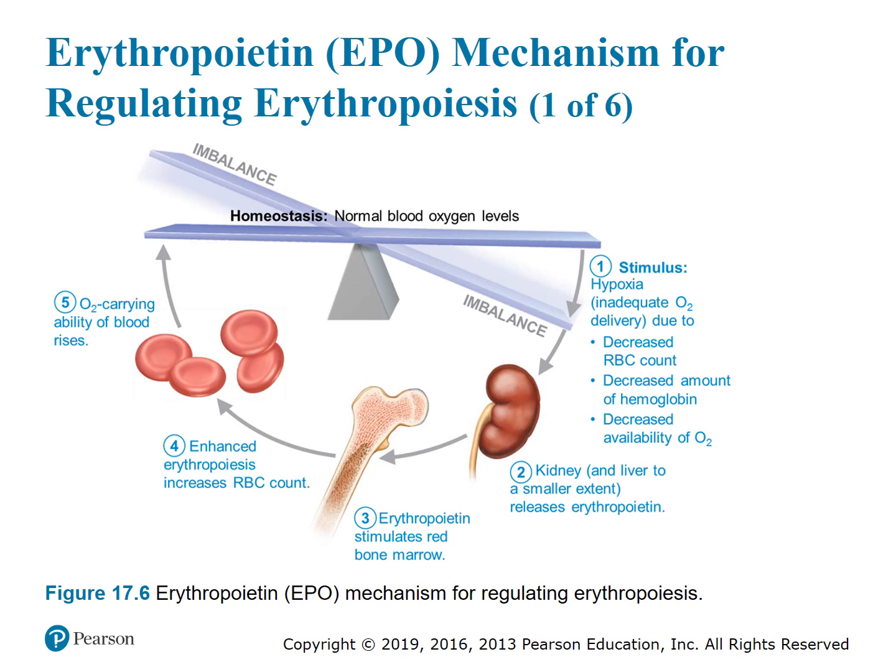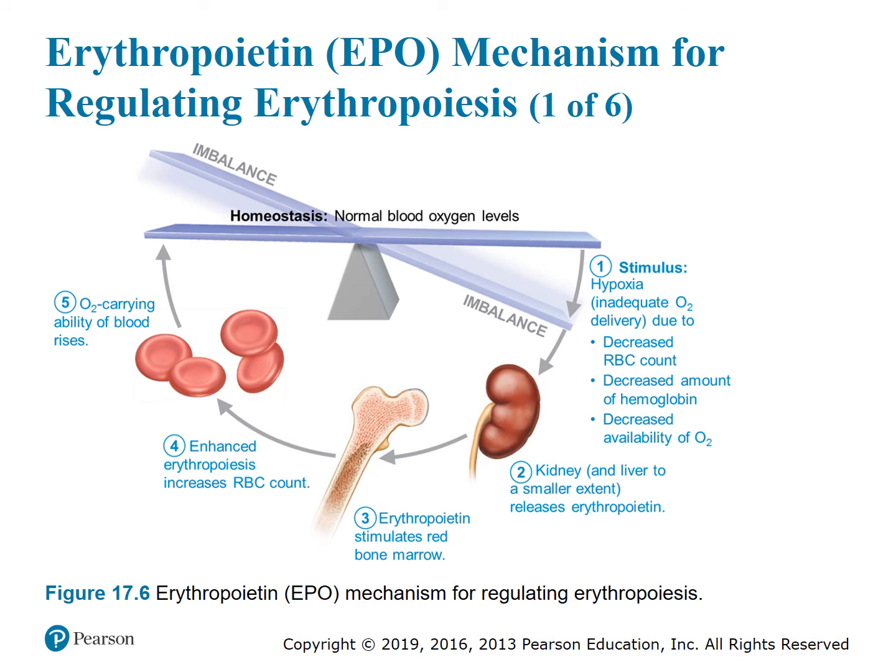Figure 17.6, erythropoietin mechanism for regulating erythropoiesis. Homeostasis is basically keeping normal blood oxygen levels. The stimulus for erythropoiesis is hypoxia, or inadequate oxygen delivery, due to a decreased red blood cell count, decreased amount of hemoglobin, or decreased availability of oxygen.